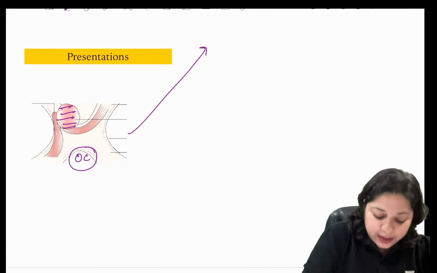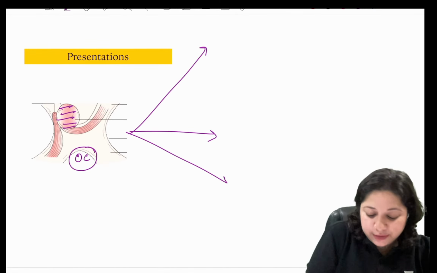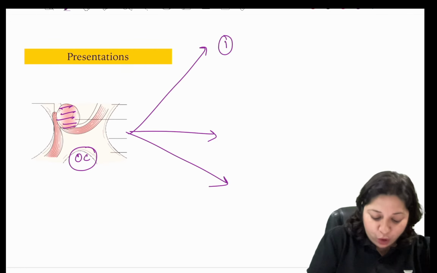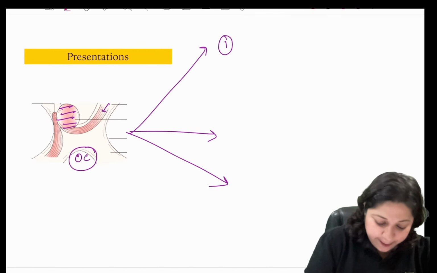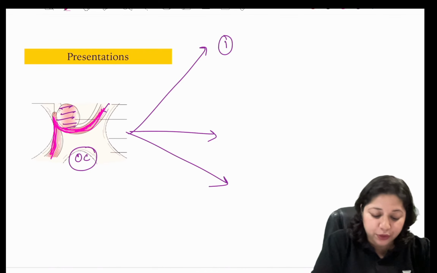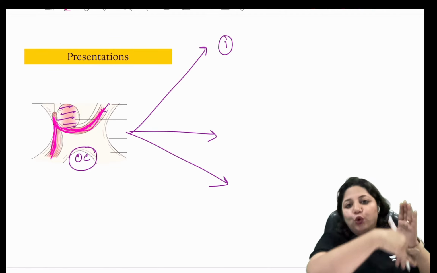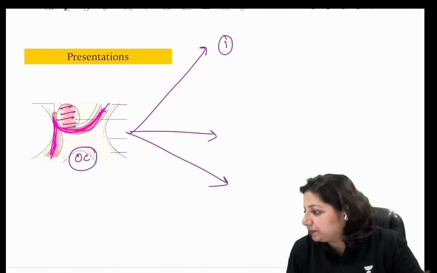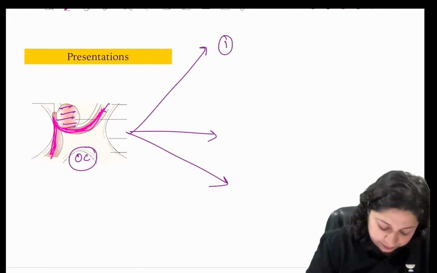The field defects with this lesion can be of three types. The first, as I told you, what do you call this structure? The fibers which are going here and here, what are these fibers called? What is the name given to this kind of a structure when they loop around and go behind? What do you call it?